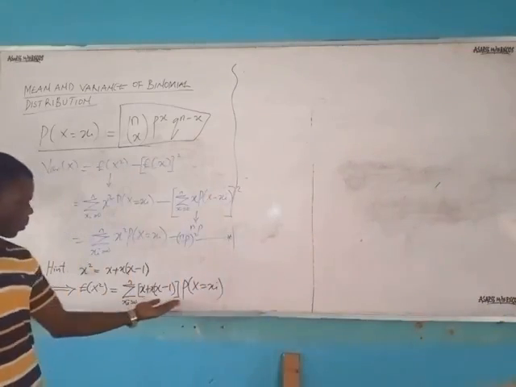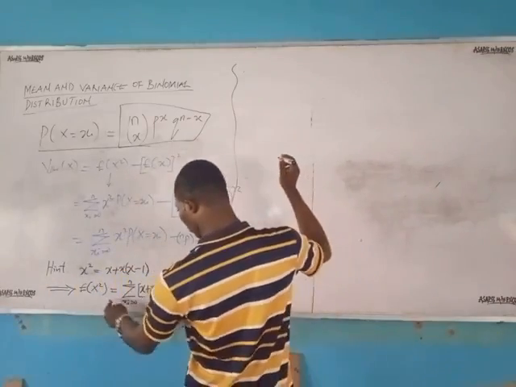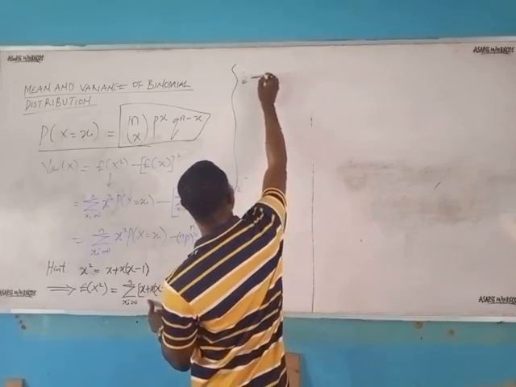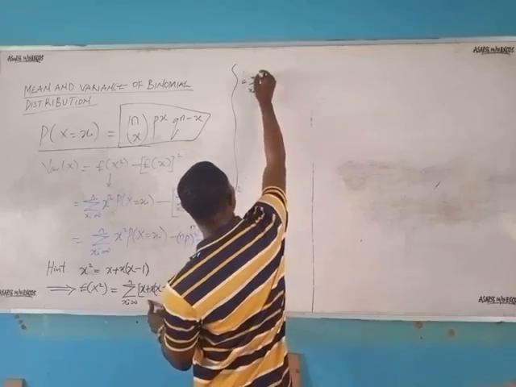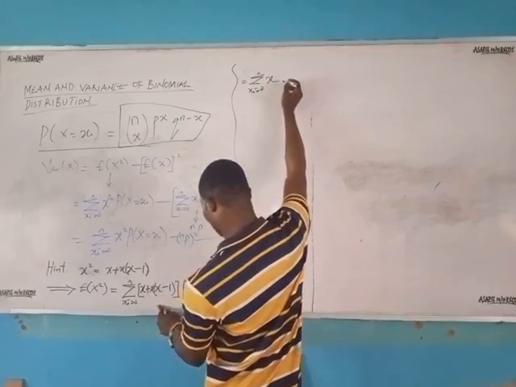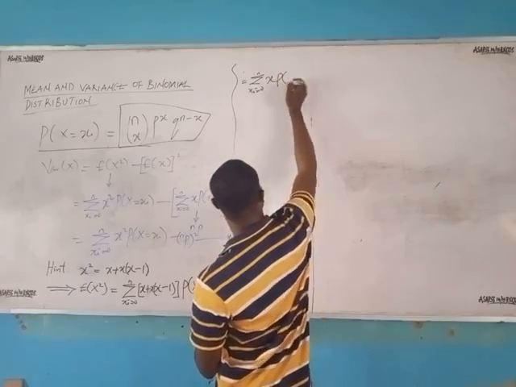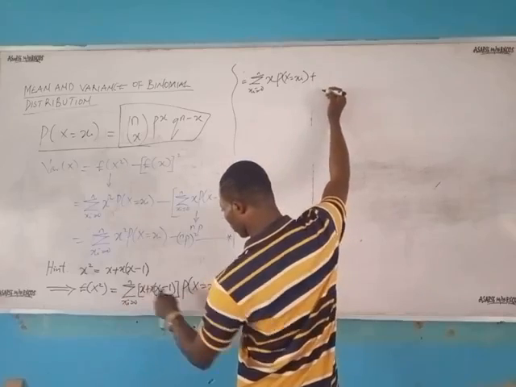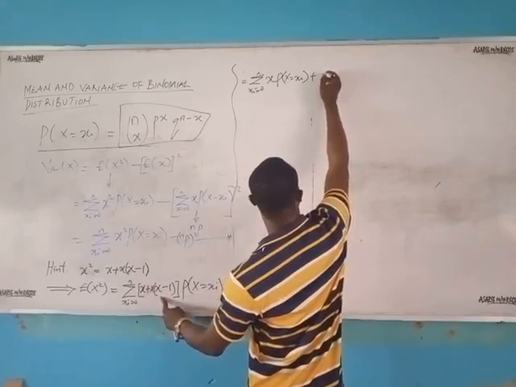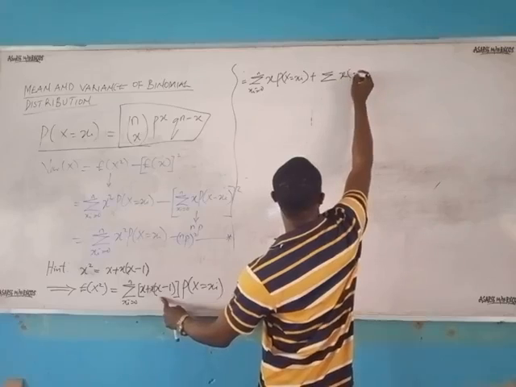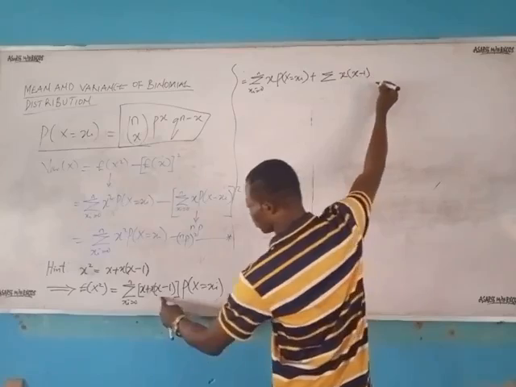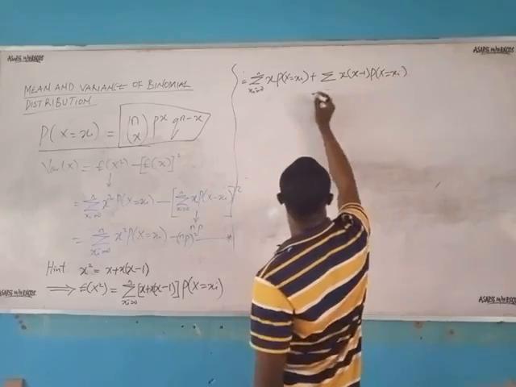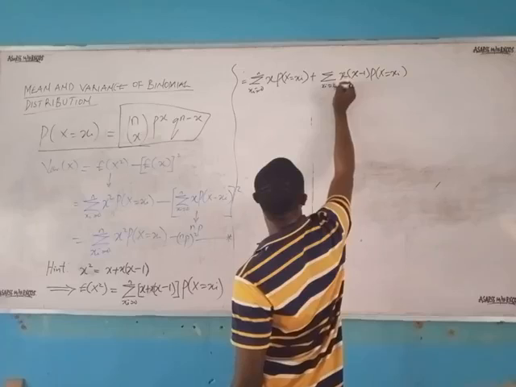So how do we expand this? If we expand this, we are going to get summation xi from 0 to n of x, then we are equally attaching the probability of x equal to xi, then plus this times this, we're going to have a summation x into x minus 1, then times the probability of xi, xi from 0 to n.